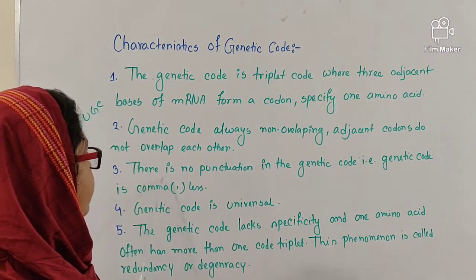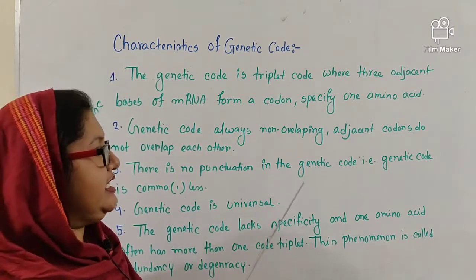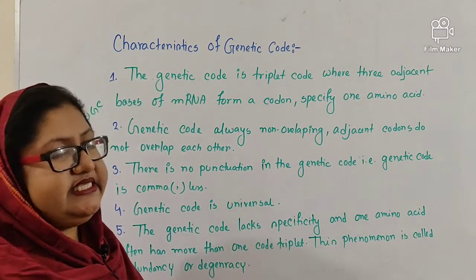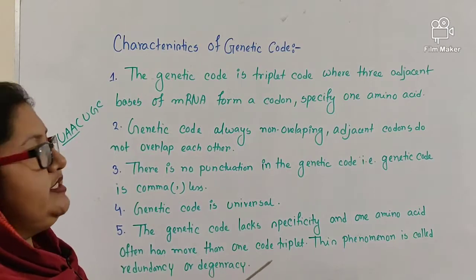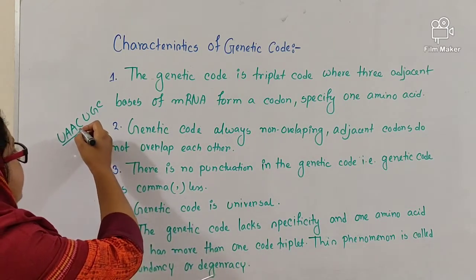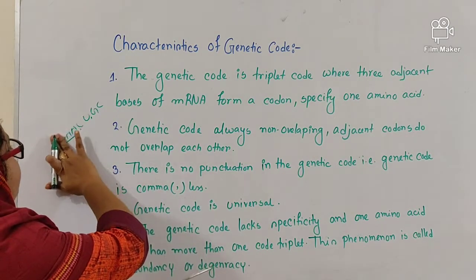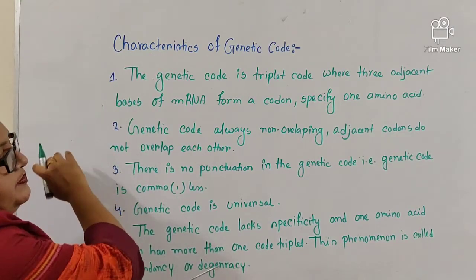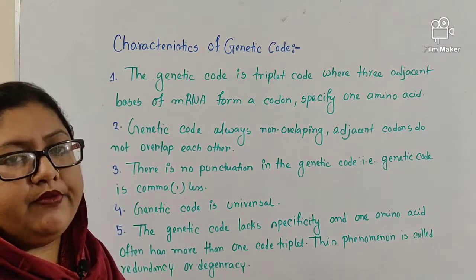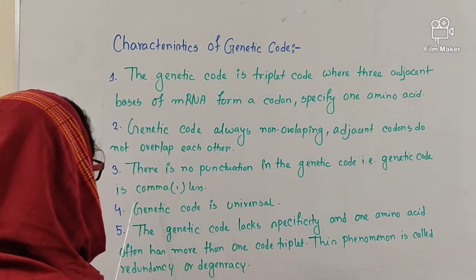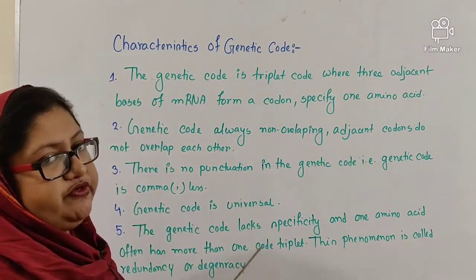Number 3, there is no punctuation in the genetic code. That is, the genetic code is commaless. My dear students, you can see that there is no comma or punctuation among these genetic codes. Then the genetic code is universal.